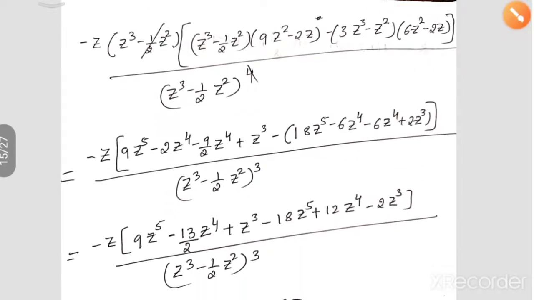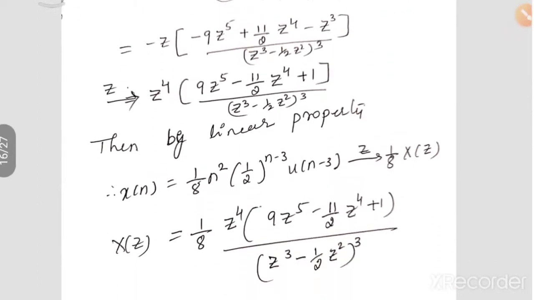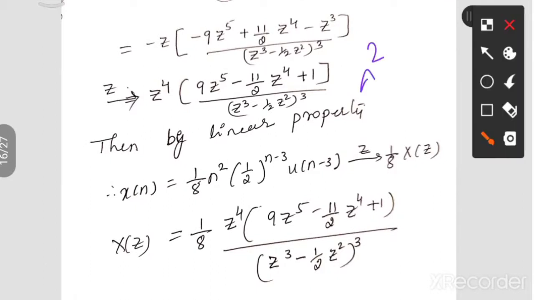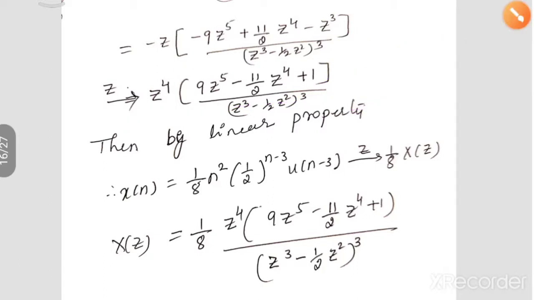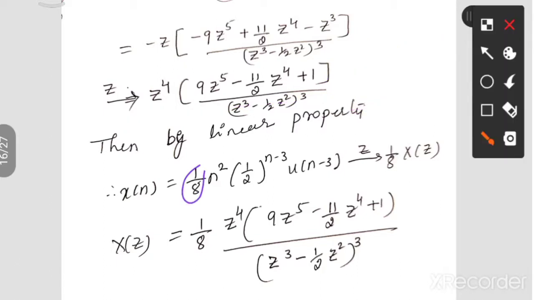Now we do not have only this much, that is only n square into 1 by 2 raised to n minus 3 into u of n minus 3. This is the z transform of these terms, but we have 1 by 8 also. By using the linear property, its z transform will be 1 by 8 n square into 1 by 2 raised to n minus 3 into u of n minus 3.